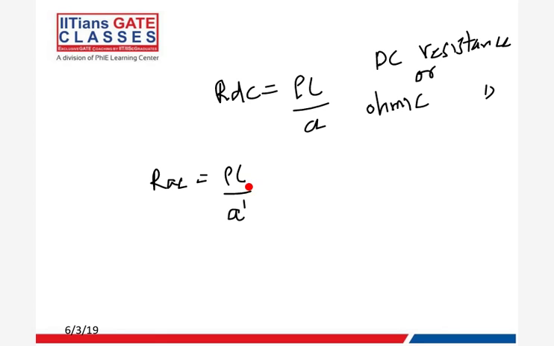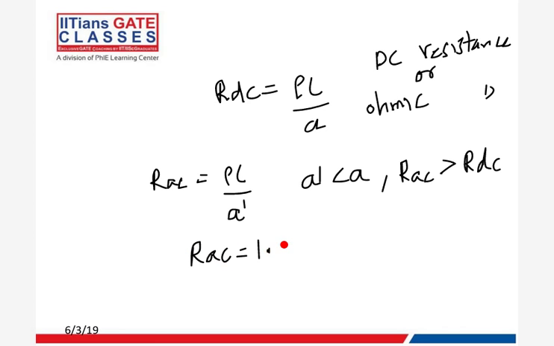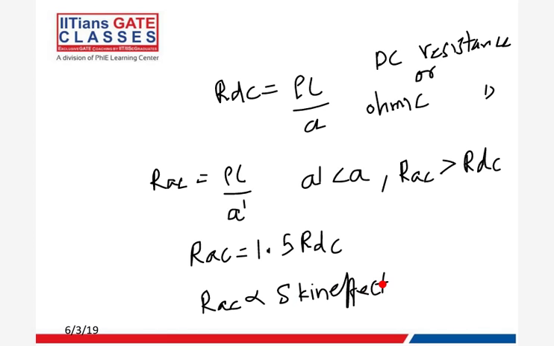So A dash is less than A, which will cause RAC to be greater than RDC, right? By thumb rule, approximately RAC is a multiple of RDC. And as skin effect increases, RAC increases, right?